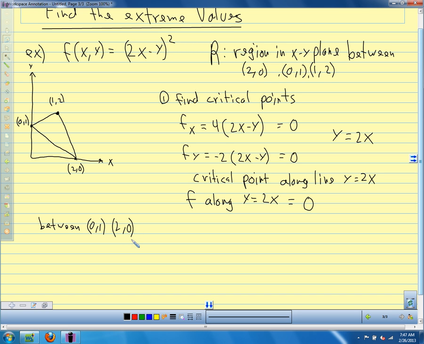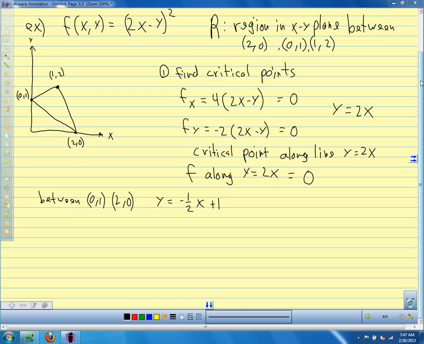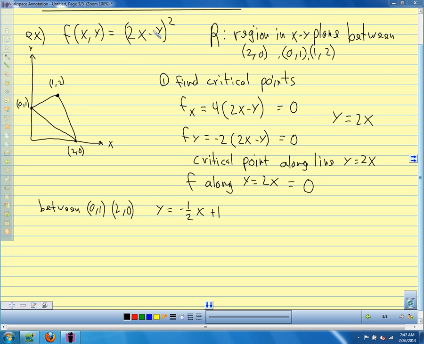Along that segment, I'm going to find an equation for the line that goes through that segment. Along that segment, we have y equals minus 1/2 x plus 1, and then I'm going to plug that y value into my function.